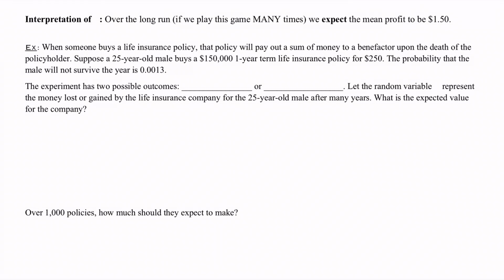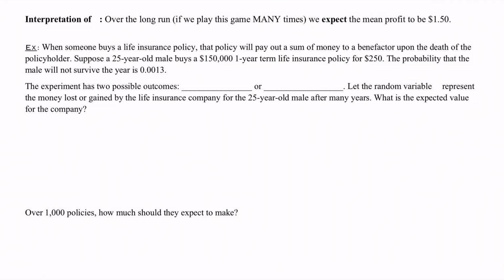They just get to keep that $250 that you paid. Now in this case, because the person is relatively young, the probability that they die is very small, and so they perhaps have a good chance that they will not have to pay out that policy.